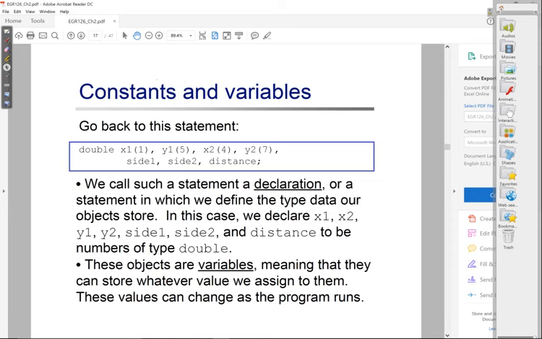So anytime you declare a variable or you create a variable, right, what you're allowed to do is you're allowed to immediately give it a value. This is what we call giving it an initial value, okay? So what we're doing in this program is we are creating the variable x1 and immediately giving it a value of 1. Okay? Then we are creating the variable y1, giving it a value of 5, right, and so on.